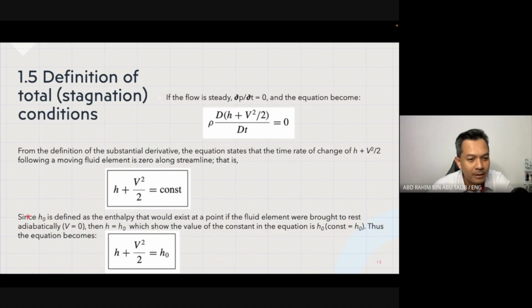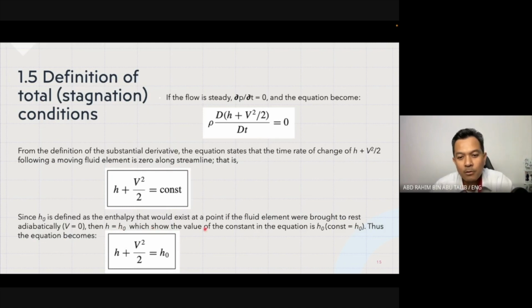Since the total enthalpy is defined as the enthalpy that would exist at the point if the fluid element were brought to rest, you want to relate back to the diagram I showed earlier, where adiabatically, when the velocity equals 0, then the enthalpy equals the total enthalpy H naught.